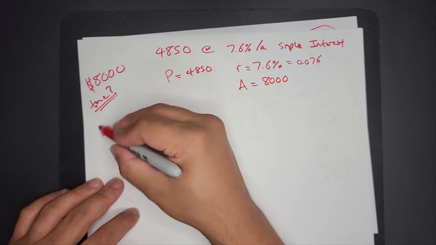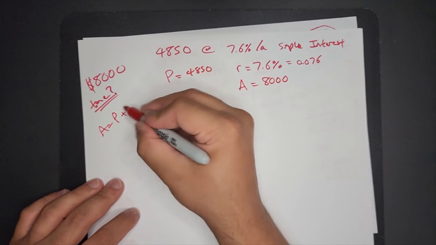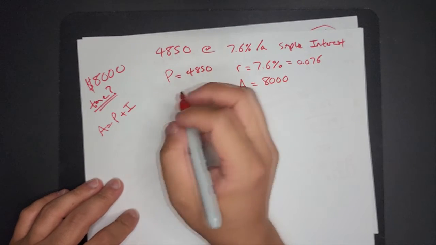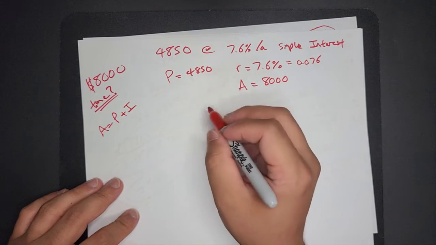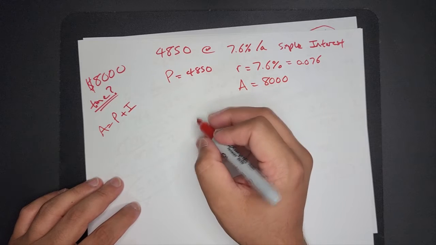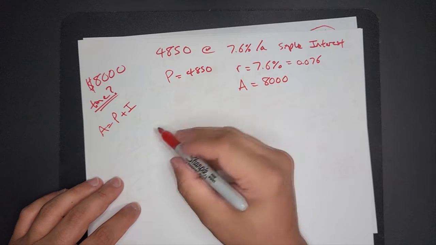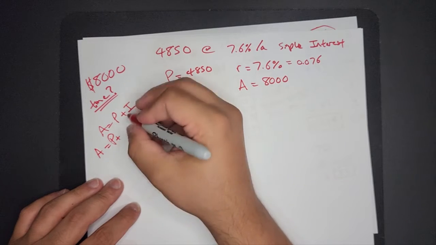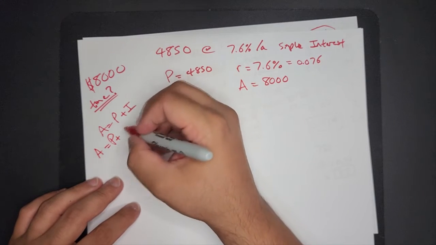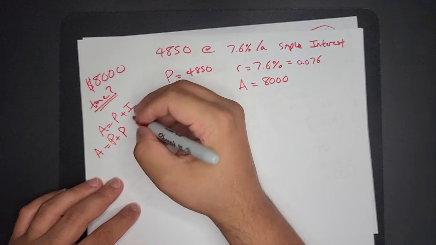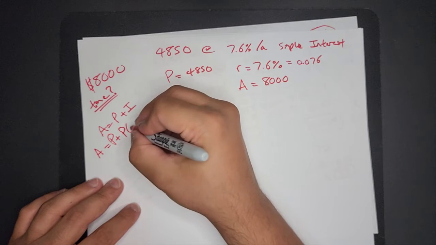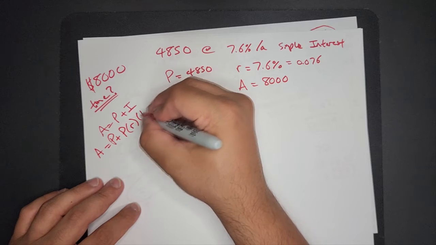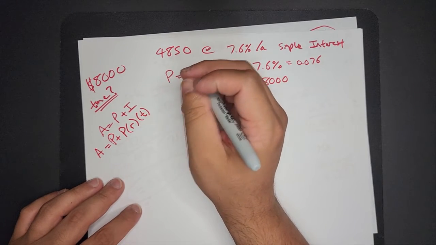So usually we have A equals principal plus interest. So let's put this into our formula. Well, in this case, our simple interest is going to be A equals P plus our interest, which in this case is going to be the principal amount times the interest rate times the length.